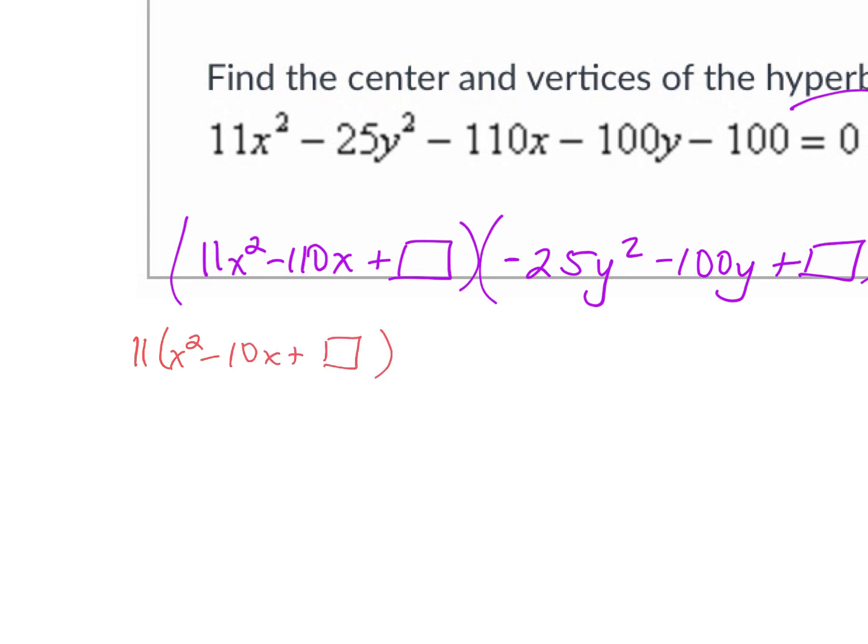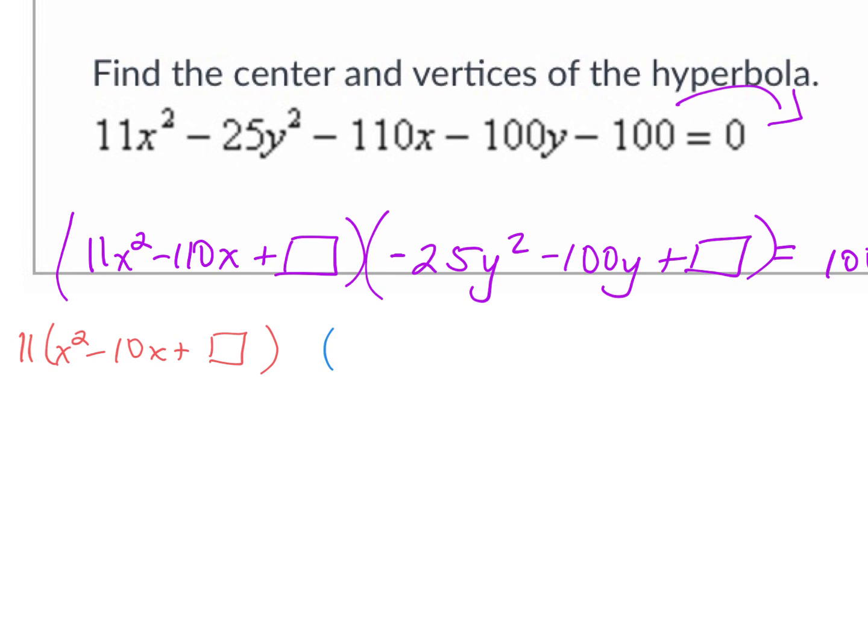Okay, good. Now let's do the same thing over here. You could do it one at a time or whatever, however you want to do it. What should I take out of negative 25y squared and then negative 100? A negative 25. Good. So that leaves me with y squared plus 4y, right? Plus the box. We still have equals 100 over here.